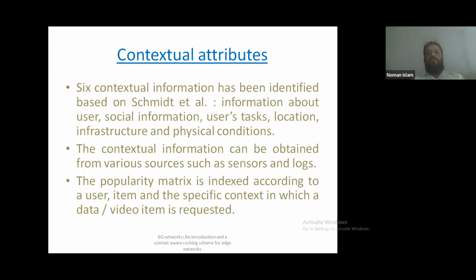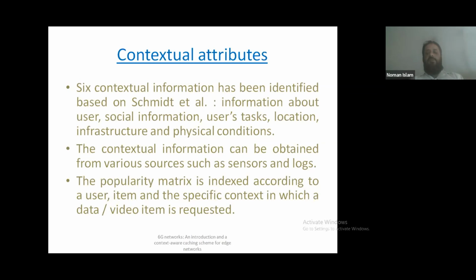So what are the contextual information that we should hold? There are six contextual information: the information about the user, the social information, the user's task that he is performing, location, infrastructure, and physical condition. So these six attributes are used to predict the likelihood of an item to be cached at a base station.